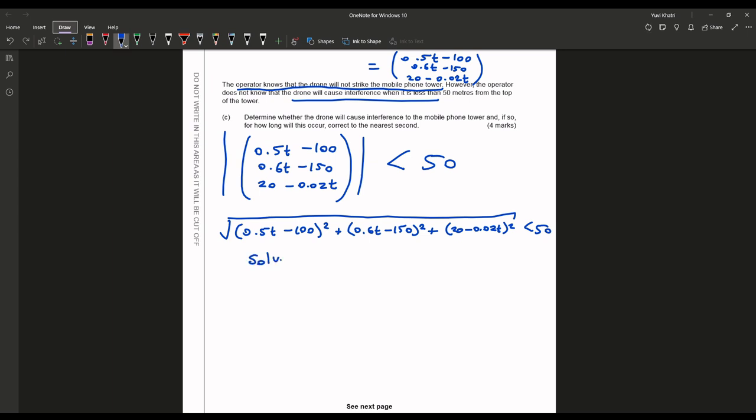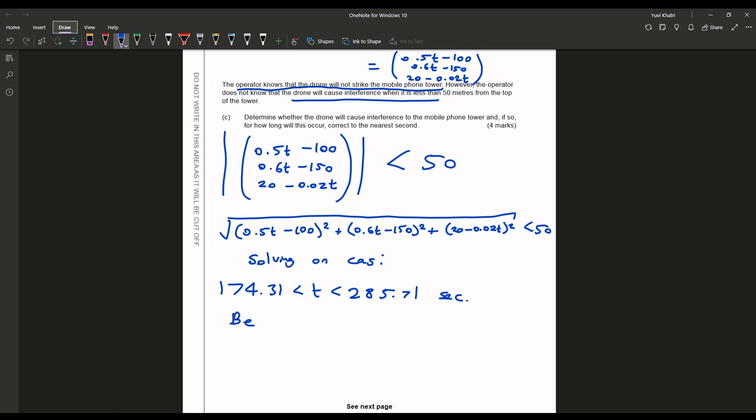Now we'll just solve on our ClassPads, solving on our CAS, and if we get any solutions, then it will cause interference. So let's just put this into our ClassPad, and we're using the solve function, and we should get an answer: 174.31 to 285.71 seconds.